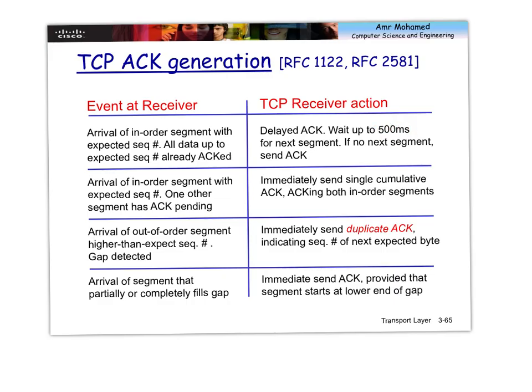You will ask me, why 500 milliseconds? Again, nobody knows. This is similar to alpha being 0.125, beta being 0.25, and the dev RTT being multiplied by 4. All of these are empirical parameters. So the receiver will wait for 500 milliseconds.